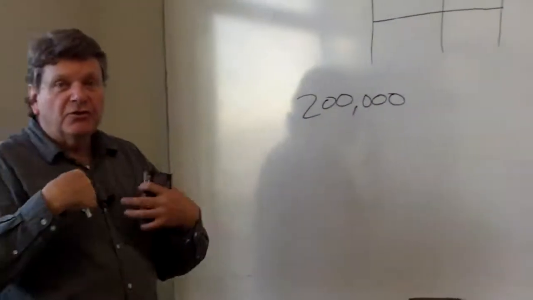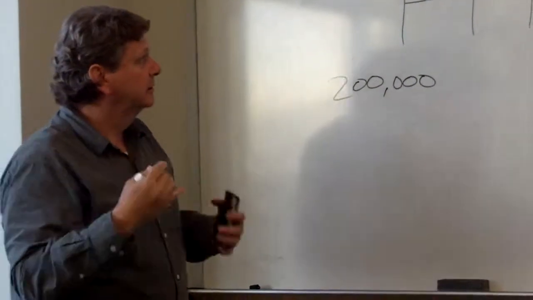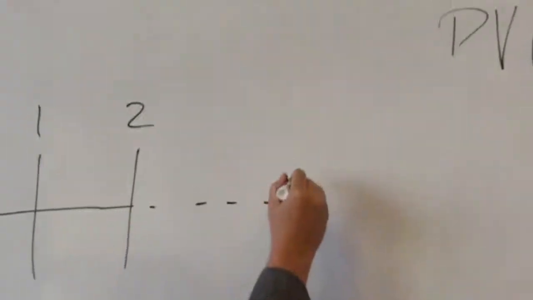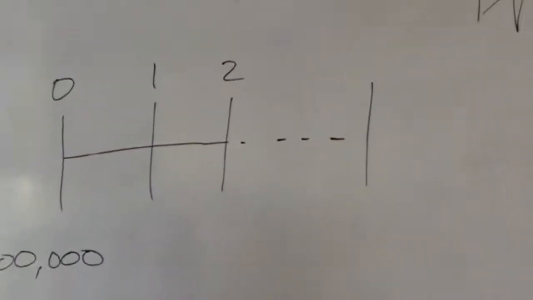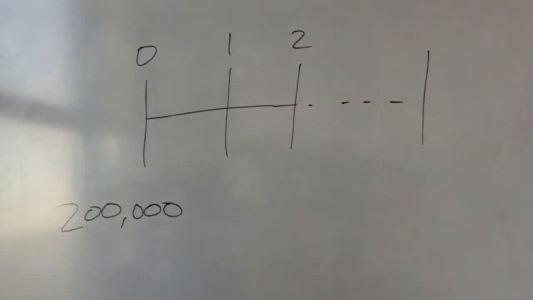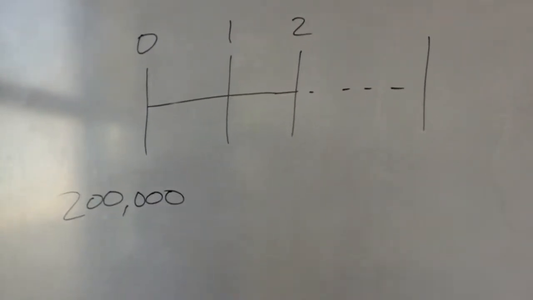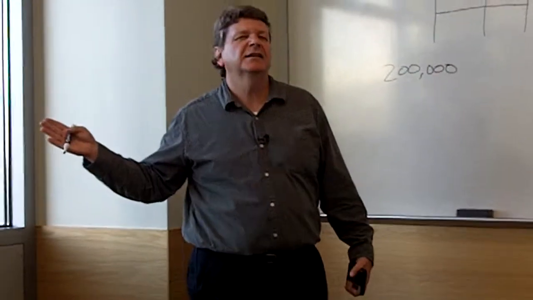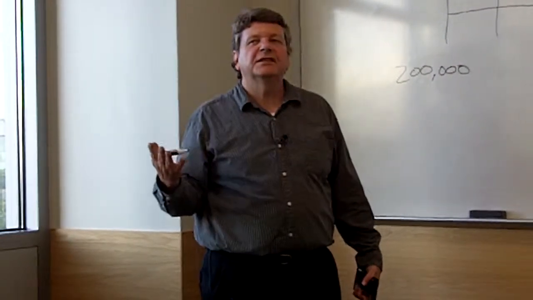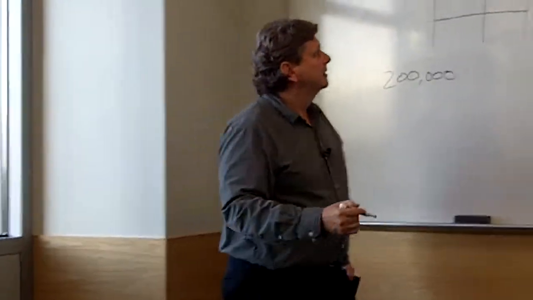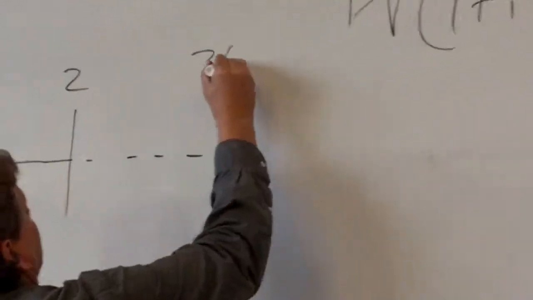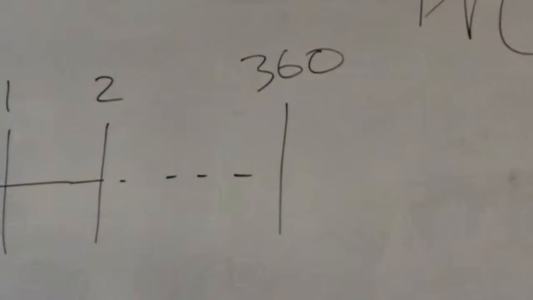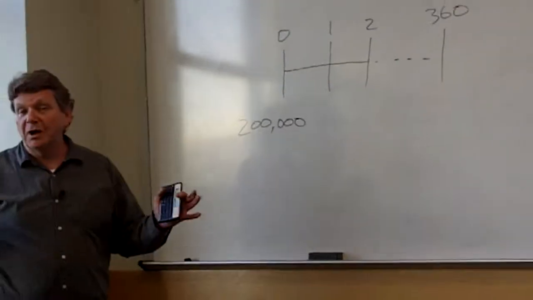So you're getting 200,000 bucks. And you're going to make monthly payments for the next 30 years. So if it's monthly payments for the next 30 years, how many periods is that? Well, there's 12 months in a year. For 30 years, there's 360 months. So the relevant period here is the month.